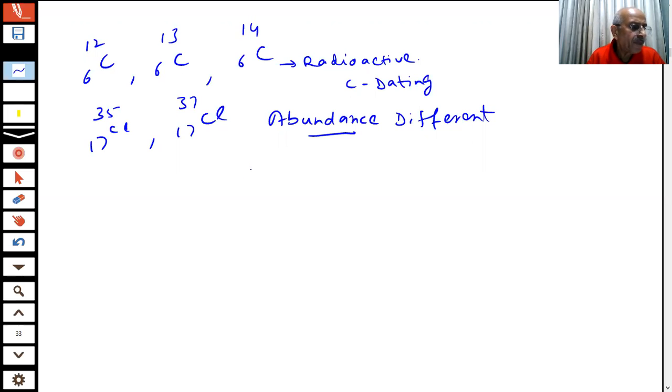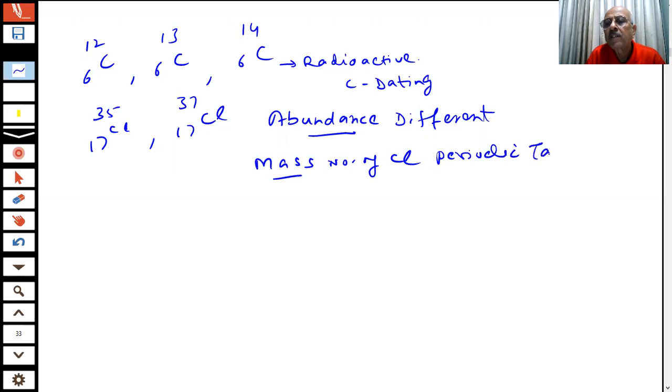If I see the mass number of Cl in the periodic table, you will see the value 35.5 for the mass of chlorine. Why is it coming in fractions, students?